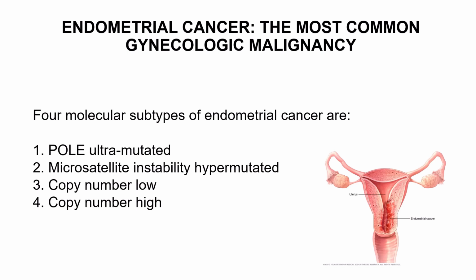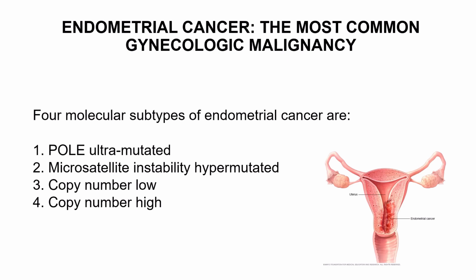The second group is the microsatellite instability hypermutated. These tumors exhibit defects in DNA mismatch repair, MMR, leading to microsatellite instability, MSI, and a hypermutated phenotype. They are associated with Lynch syndrome and have a better prognosis overall. They are also responsive to immune checkpoint inhibitors.